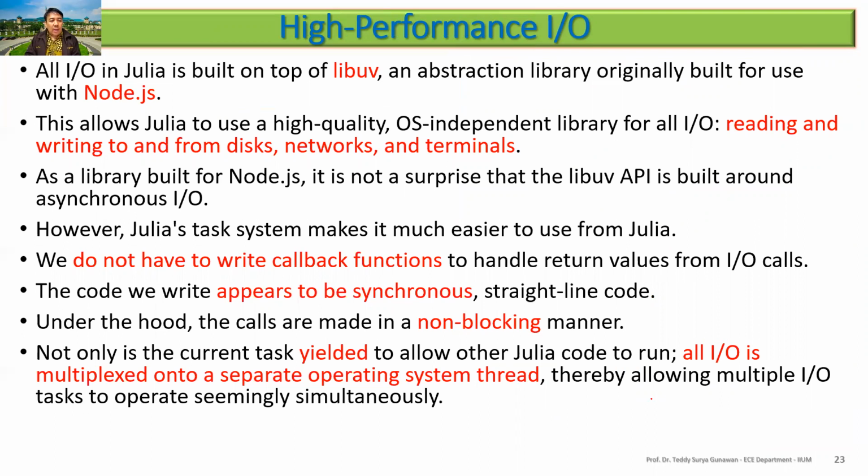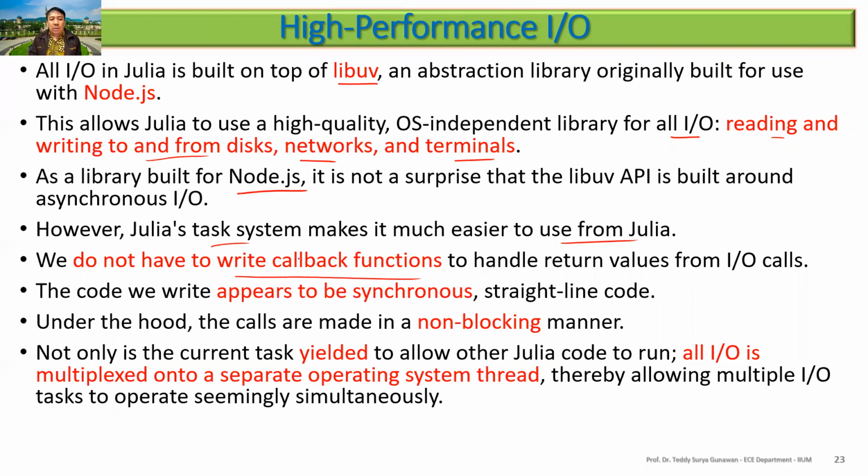All I/O in Julia is built on top of libuv, as I mentioned earlier. This is used for all I/O operations, reading and writing for networks and terminals. This library was built for Node.js, but the Julia task system is easier to use from Julia, so we do not have to write callback functions to handle returns from I/O calls.